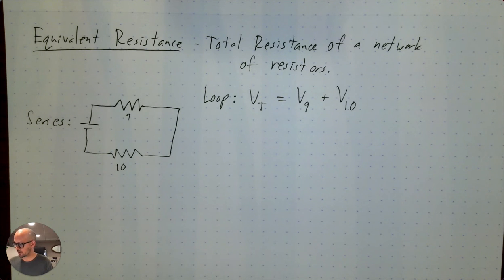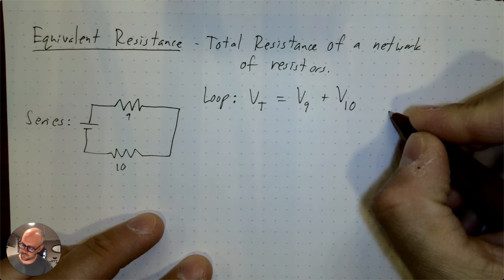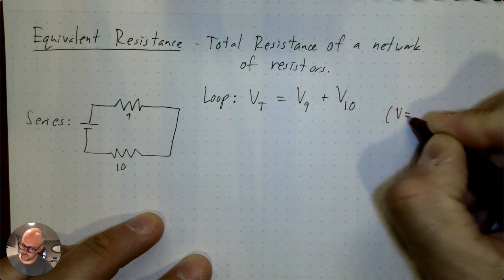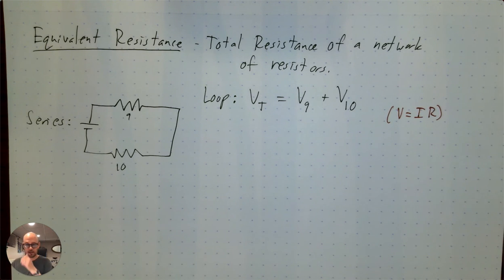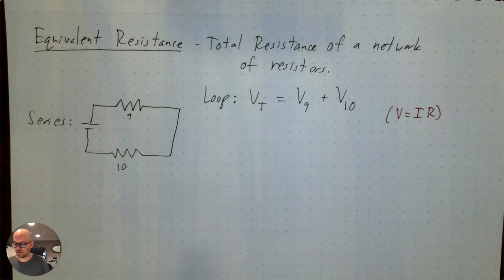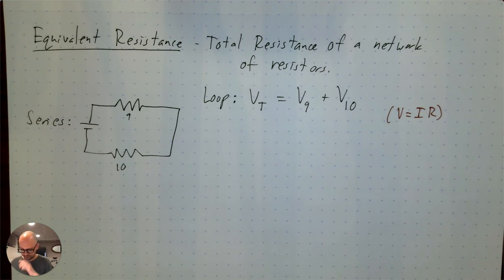Now there's another thing we haven't talked about in this lesson: voltage equals current times resistance. Ohm's law applies everywhere. You can't violate Ohm's law. Even if the resistance of something changes, it still has to obey Ohm's law. The voltage has to equal current times resistance.